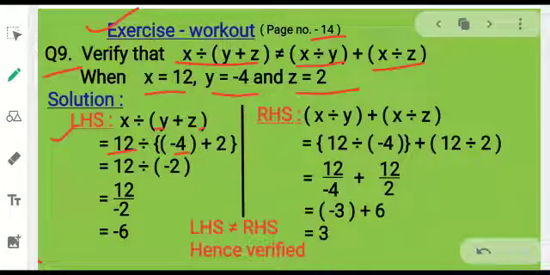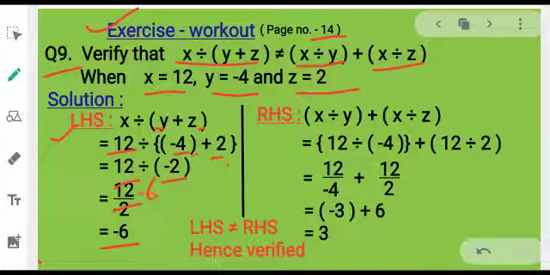We know if two different signs are there, we subtract, and 4 is greater than 2 and has a negative sign, so we write minus 2. Now we have 12 divided by minus 2. Dividend and divisor have different signs, so the answer has a minus, and 2 ones are 2, 2 sixes are 12, we get 6. So the answer is minus 6.